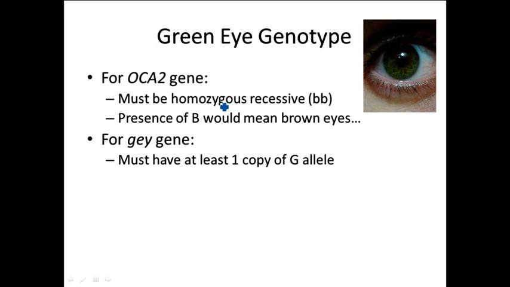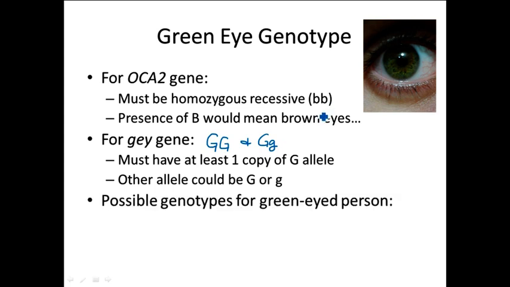And then for the G gene, you have to have at least one copy of the big G allele. The other allele could be big G or little g, for the same reason as when we were talking about the brown eyes. Both big G big G and big G little g are going to express green eyes because big G is dominant over little g and dominant over little b.